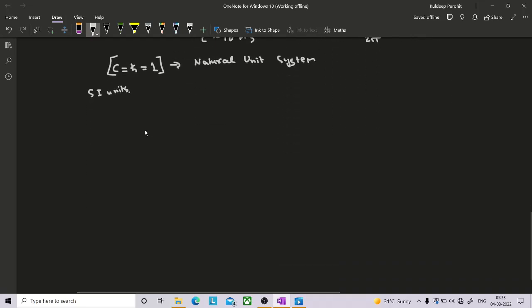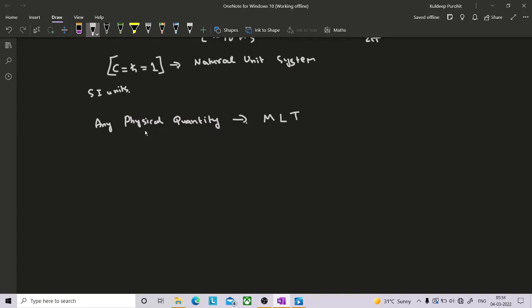Every physical quantity can be written in terms of three fundamental things: mass, length, and time.